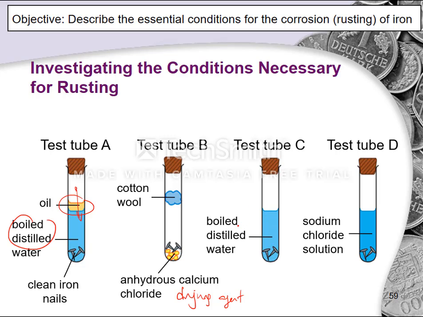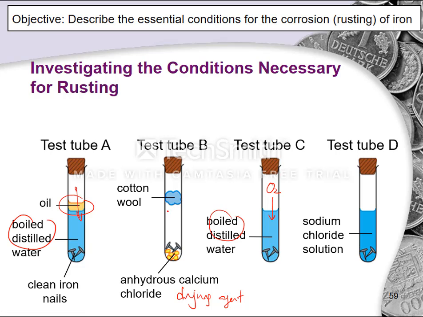Test tube C, boiled distilled water. Now, boiled distilled water doesn't contain oxygen, but there's oxygen in the air above that can dissolve into the boiled distilled water. And of course, slowly dissolving will cause the nail to start rusting. But in this case, the rusting will not be that fast or large, because of the limited amount of oxygen in the air above.